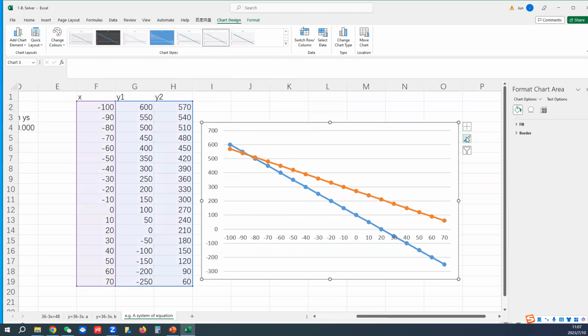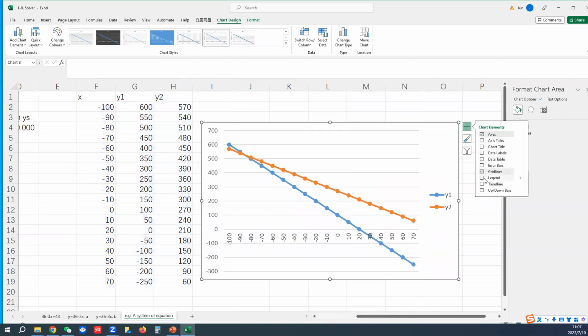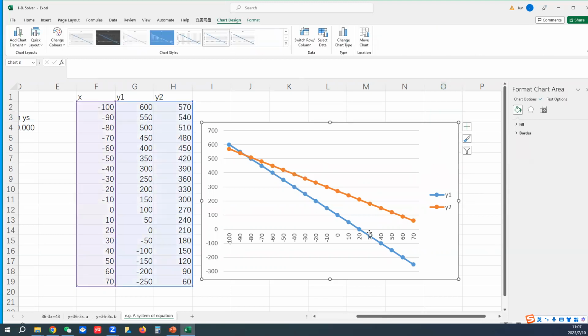Okay. And here we need to show the legend so that you know which color corresponds to which line. Okay. So as you can see, for y2, the intersection point is even further down, say 80, 90, whatever, right?